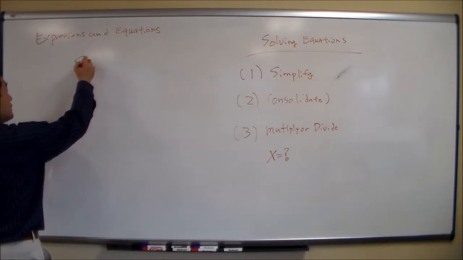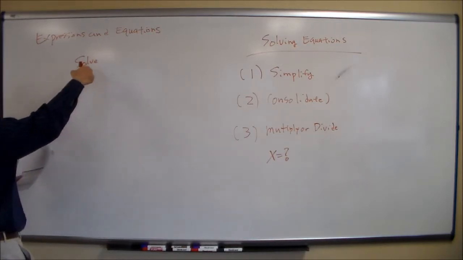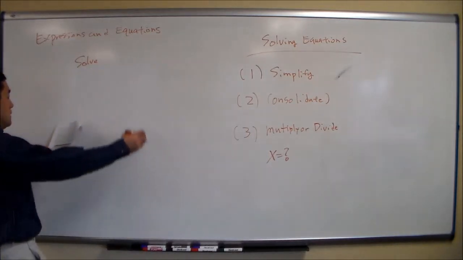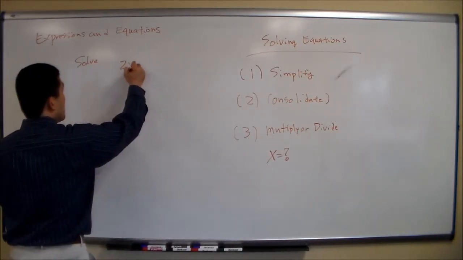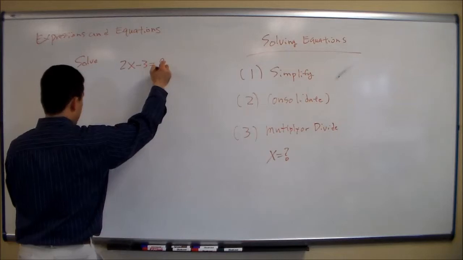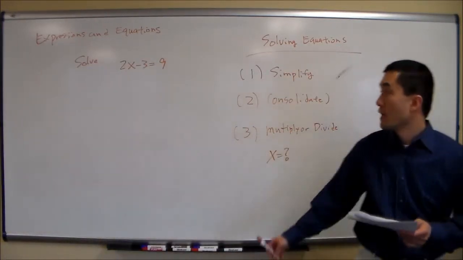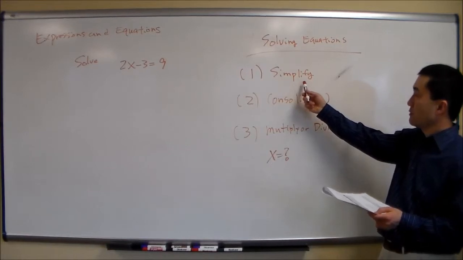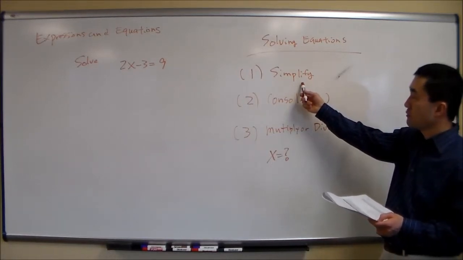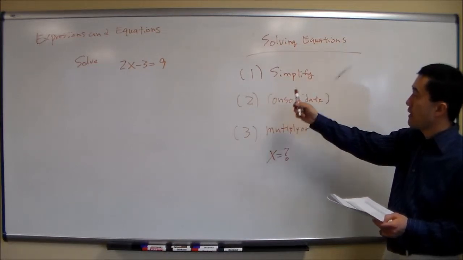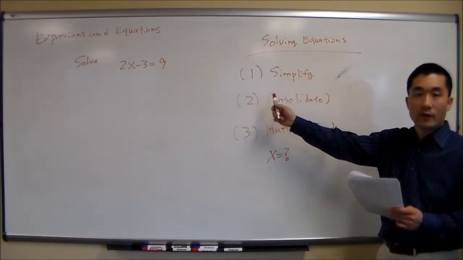Say you're asked to solve, and the keyword is solve. That means get to this state. So say you're asked to solve this. So what does it mean to simplify? Well, to simplify means the same as simplifying the expressions. So you look at both sides, the left-hand side and the right-hand side, and simplify both ends.